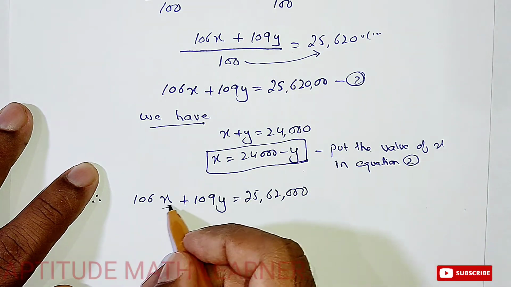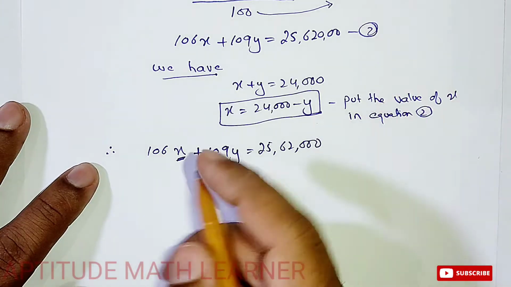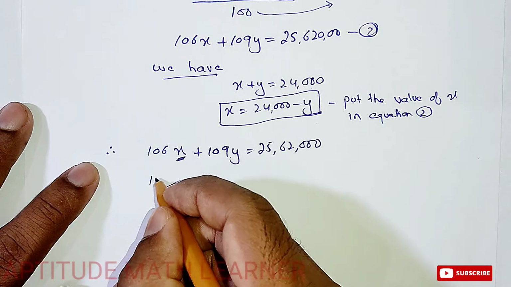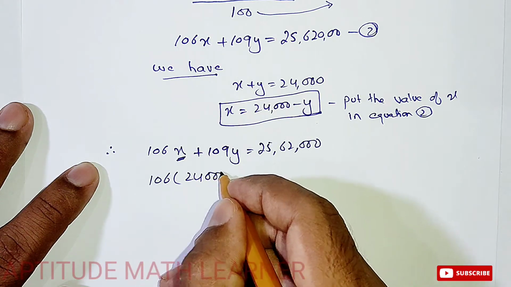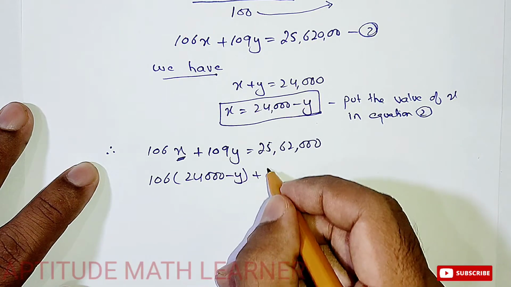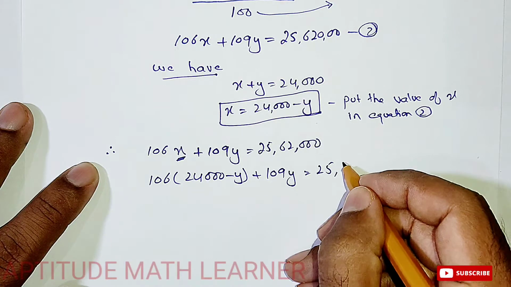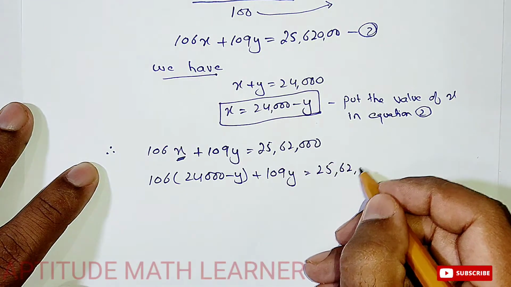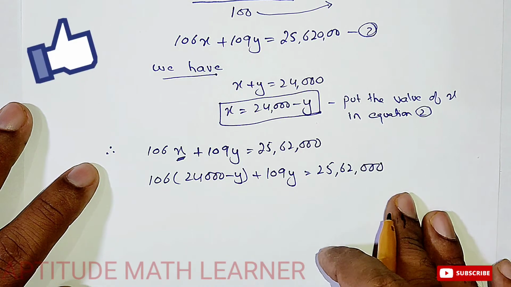Putting the value of x, which is 24,000 minus y, we get 106 times (24,000 minus y) plus 109y is equal to 2,562,000.